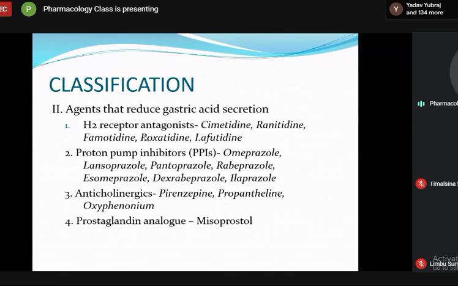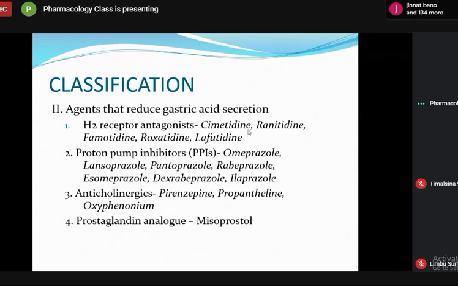Next, you must know the adverse effects of cimetidine: it mainly causes gynecomastia and impotence in males, and galactorrhea in women. There is also a drug interaction with the H2 blockers as well as the antacids, because they increase the pH, so they can decrease the absorption of other drugs.